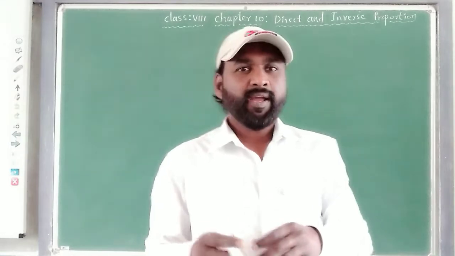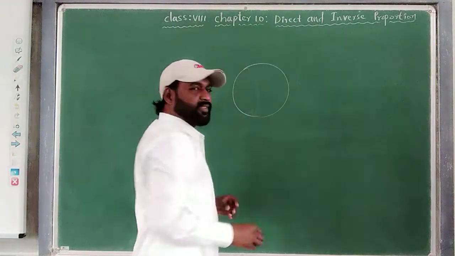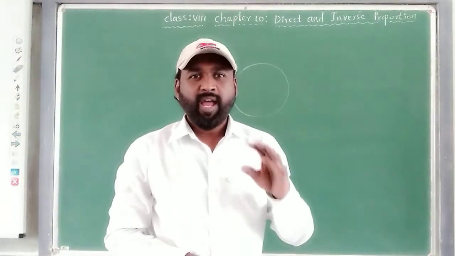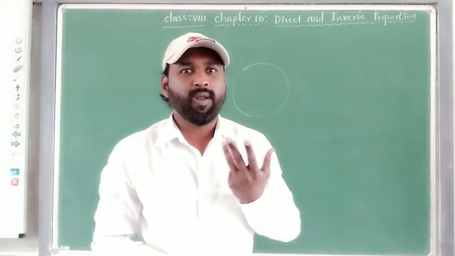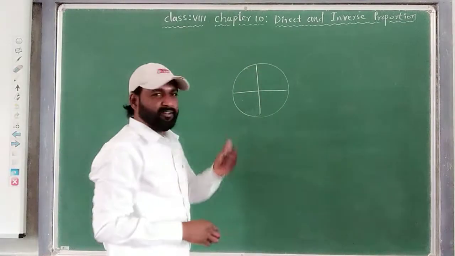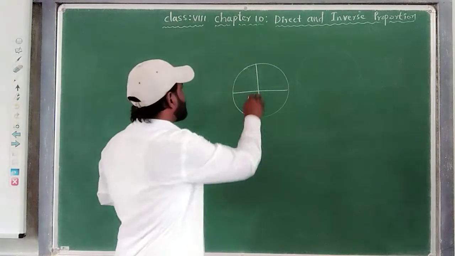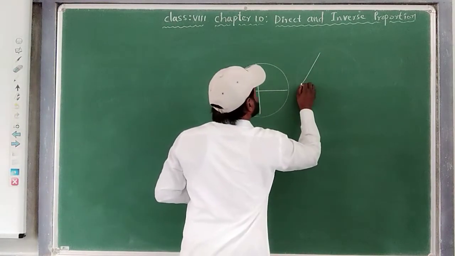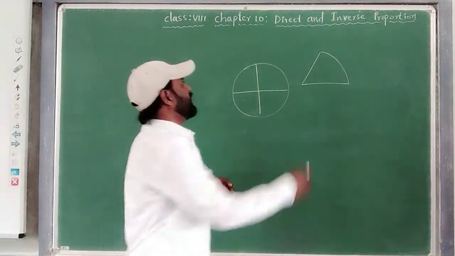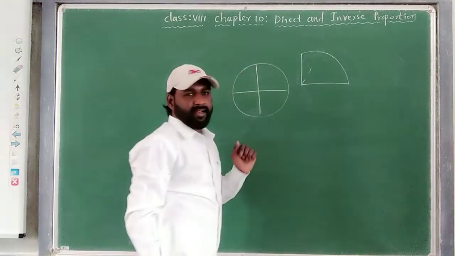If you have to distribute this cake among your 4 friends equally, what will you do? You will divide this piece of cake into 4 equal parts. Now each piece of the cake is this much, a sector.